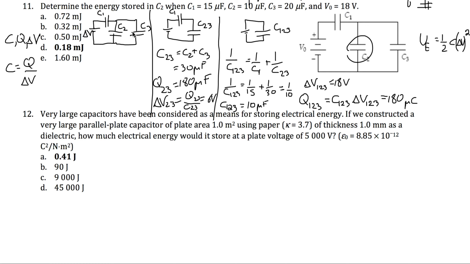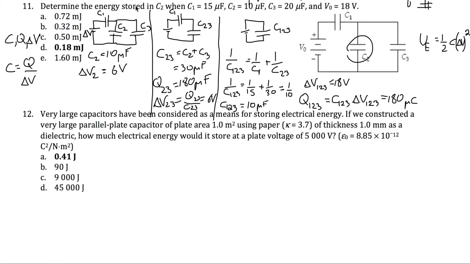So we know the capacitance of number 2 is 10, and the voltage across 2 must be the same as the voltage across 2, 3, because they were in parallel. So it's that same 6 volts.